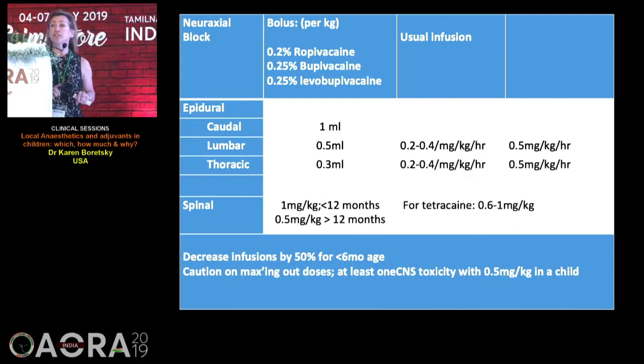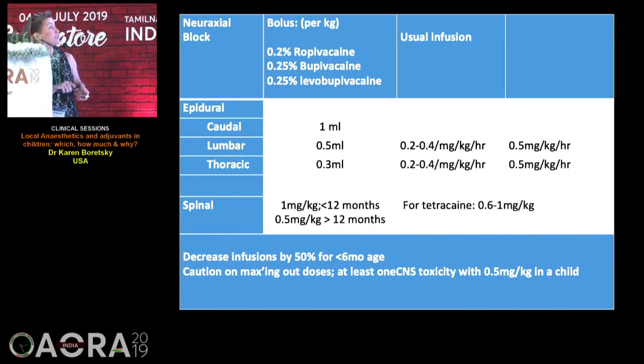In the lumbar region, because it's a smaller volume area, you have to reduce your volume to 0.5, and similarly, if you're in the thoracic epidural region, you have to reduce it to 0.3. You have to remember that local anesthetic is a space-occupying entity. Local anesthetic occupies volume, occupies space, and so you have to worry about what kind of pressure you might inflict on the spinal cord, and that's why these limits are in place, not because of local anesthetic toxicity.